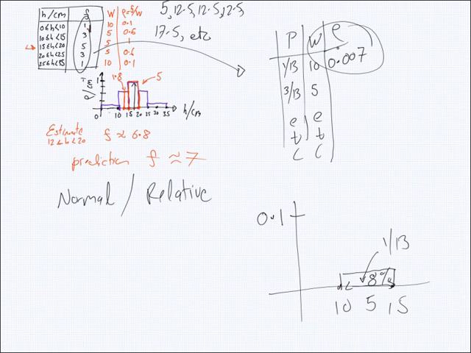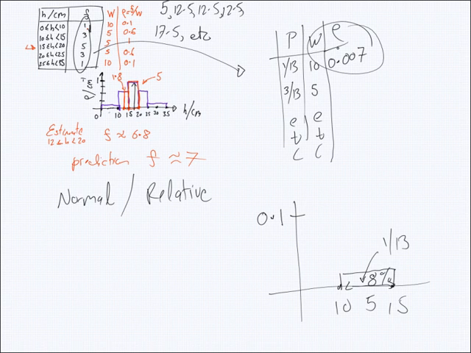Rho, a Greek letter. That was P divided by W, and that gives us 0.007, which we're using for the height. Okay, I'm going to close this now.